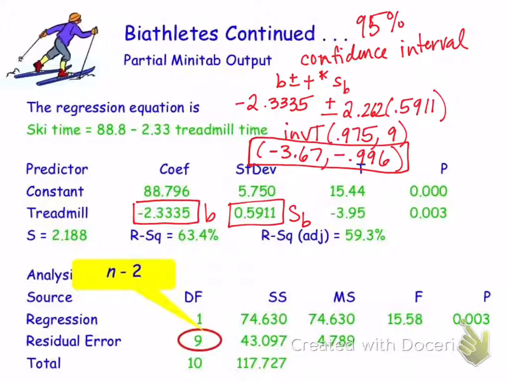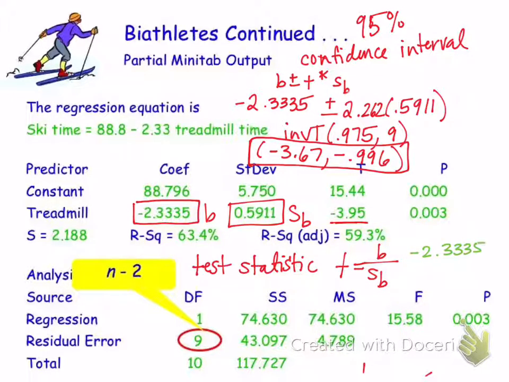Okay, the next formula is my test statistic formula. So how do I get this negative 3.95? Statistic. It would be T equals B over SB. So I am just dividing this negative 2.3335 over 0.5911.